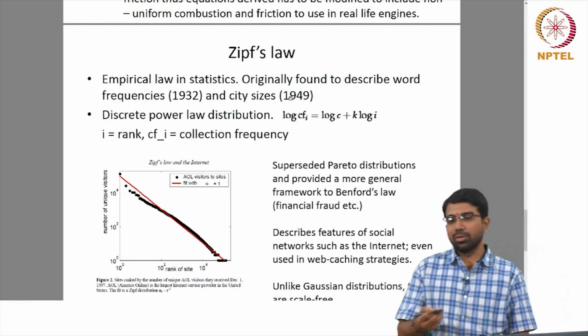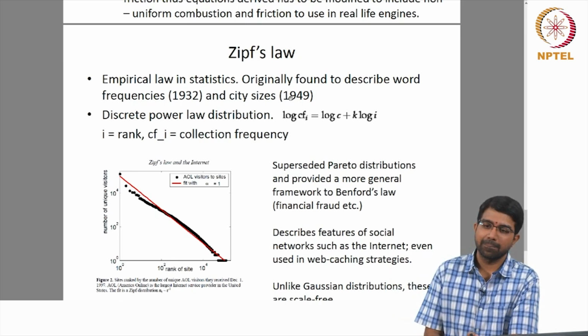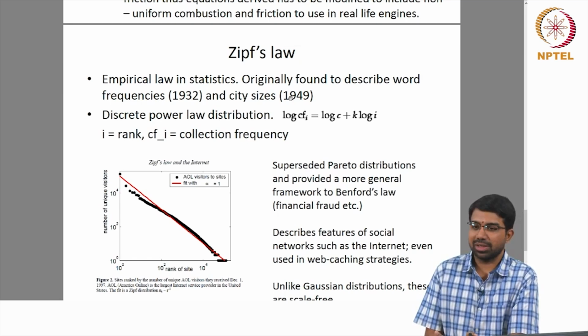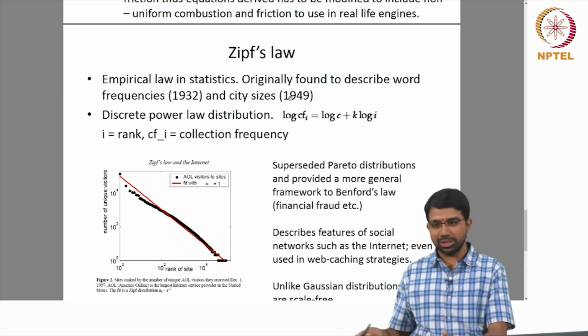So what would you expect if you looked at word frequencies in the English language? Few words are repeated more often. You will have a few words that are repeated an astronomical number of times, and the rest of the words all have much lower frequencies.